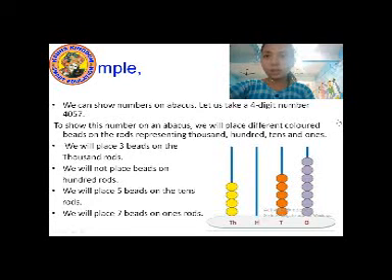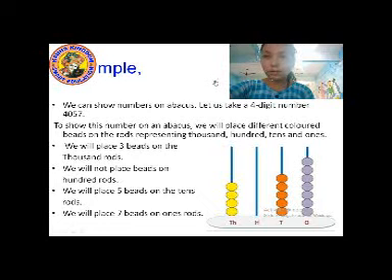Third, we will place 5 beads on the tens rod, because in tens we have 5 in the number 4057. At last, we will place 7 beads on the ones rod, because we have 7 in the number 4057.